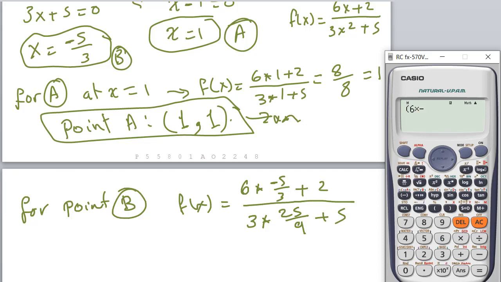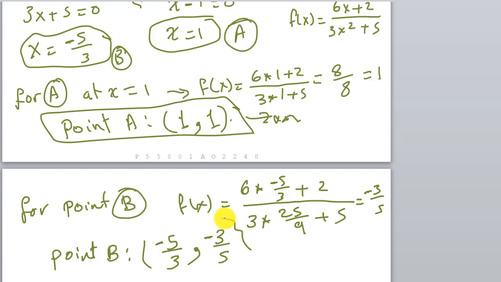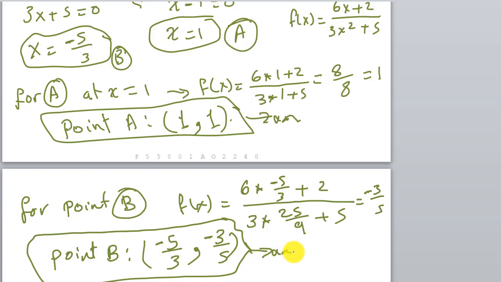So the answer here is minus 3 over 5. So point B is minus 5 over 3 and minus 3 over 5. And this is the answer of this part.